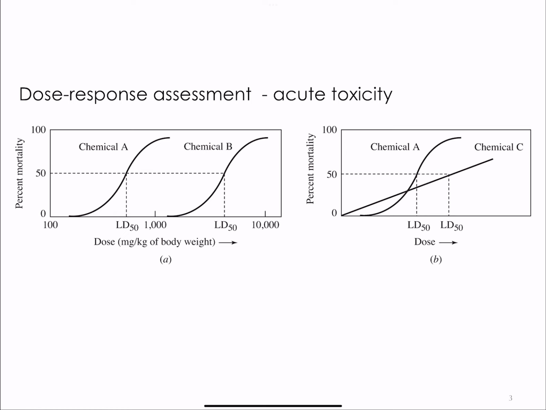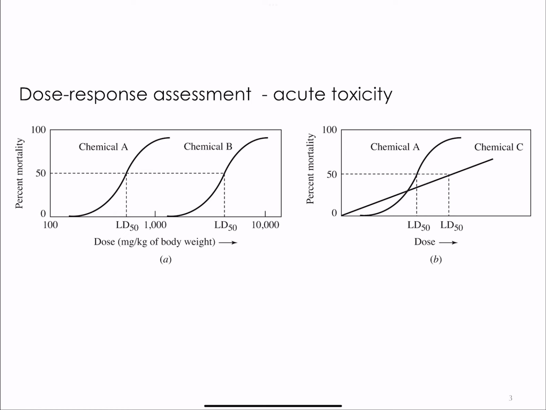Based on the dose response assessment, acute toxicity typically has these types of plots. For the chemicals on the graph on the left side, chemical A and B, when we do the dose response assessments and get this data, we can safely say that chemical A is more toxic than chemical B. Keep in mind that lower LD50 means more toxic, because a lower amount of chemical can kill 50% of the population exposed to the chemical, right?